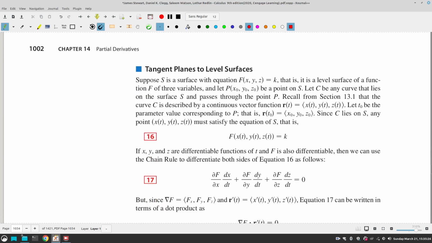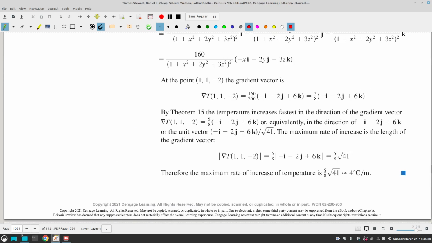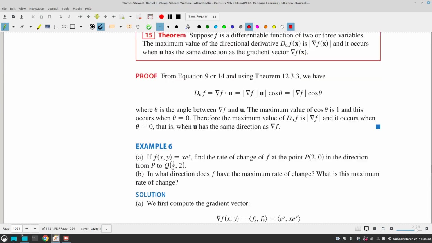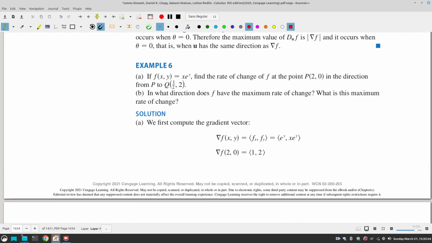Let's look at example 6. So you're given f(x,y) equals x e to the y.